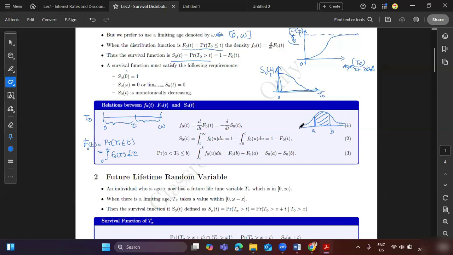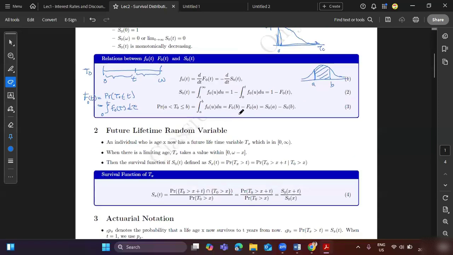If you get the entire area from the left tail to B and remove the area from the left tail to A, the resultant area is equal to the area between A and B. That's why we get this relationship with respect to the cumulative distribution function.